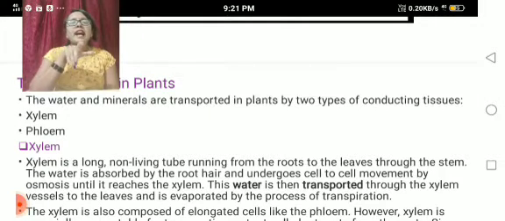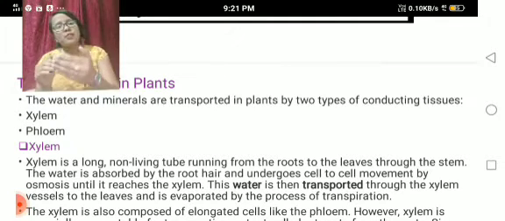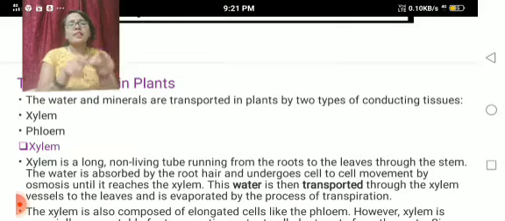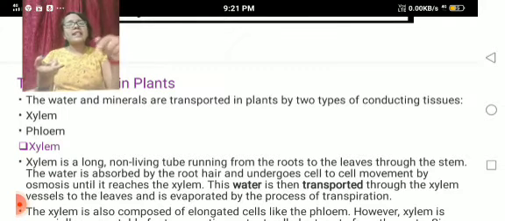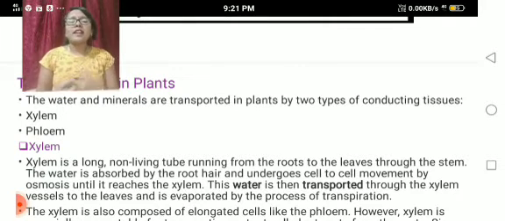Until it reaches the xylem, this water is then transported through the xylem vessels to the leaves and is evaporated by the process we call transpiration. What is transpiration? The loss of water in the form of vapor through the aerial parts of the plant body, we call it transpiration.